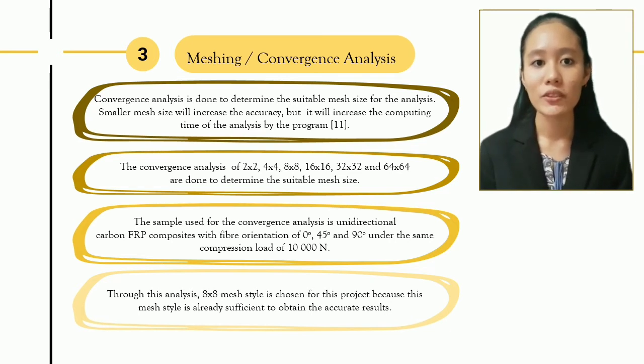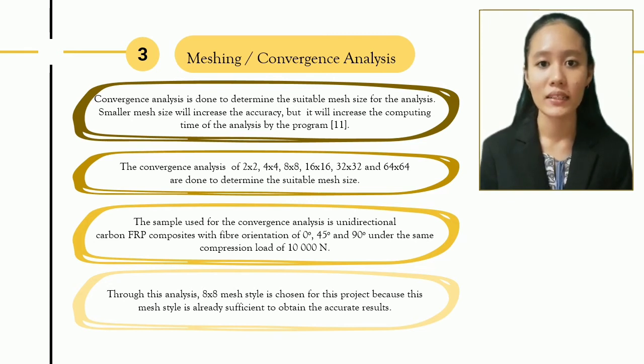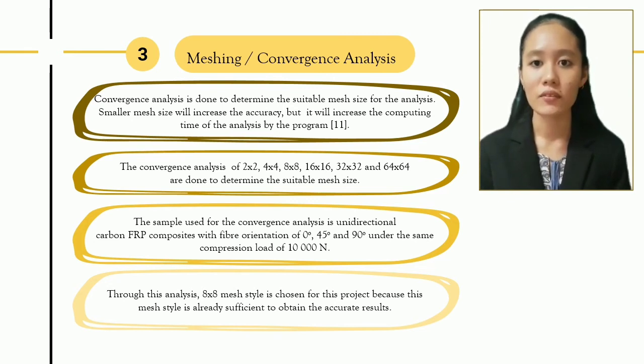The sample used for the convergence analysis is unidirectional carbon FRP composites with fiber orientation of 0 degree, 45 degree and 90 degree under the same compression load of 10,000 Newton. Through this analysis, 8 times 8 mesh size is chosen for this project because this mesh size is already sufficient to obtain accurate results.